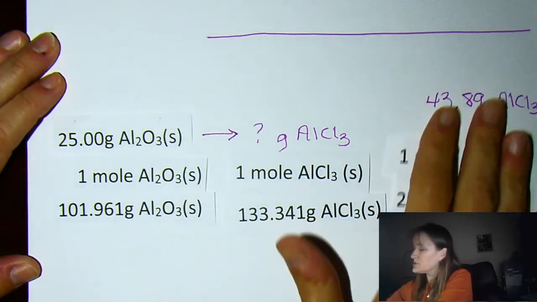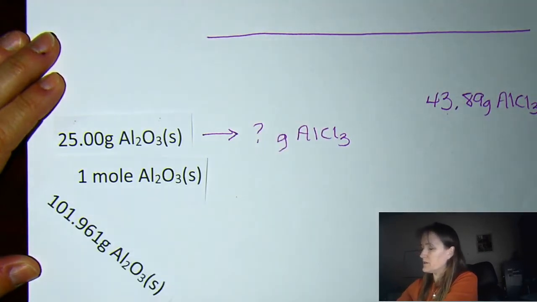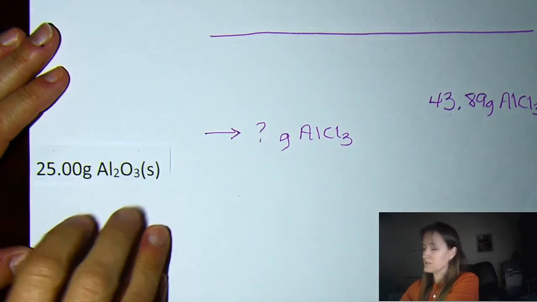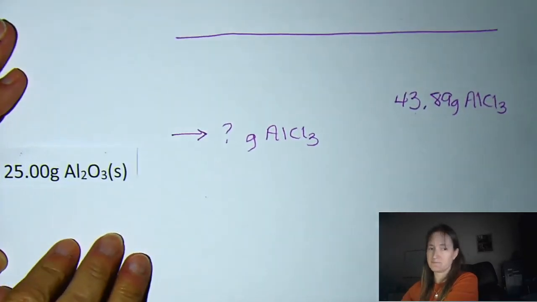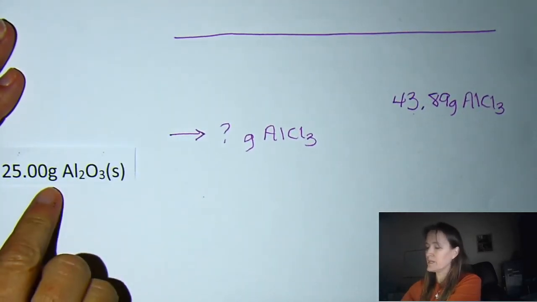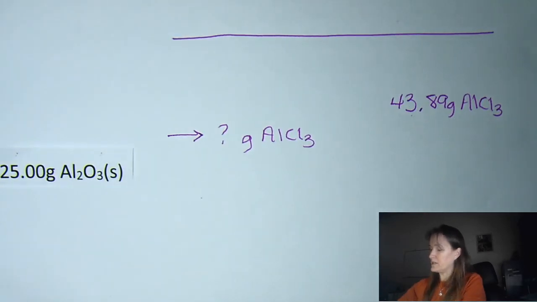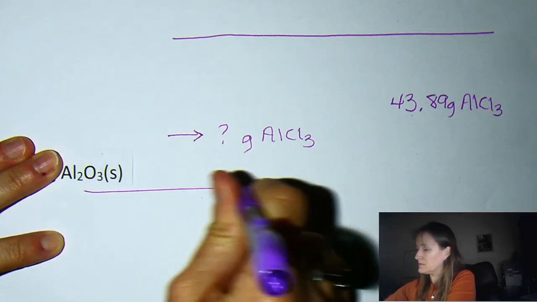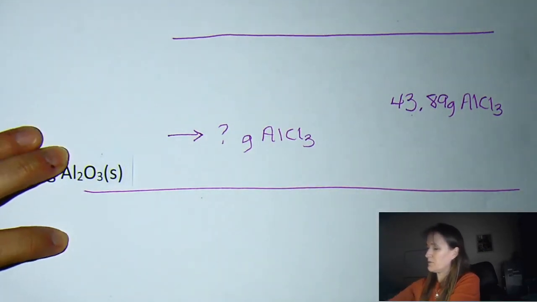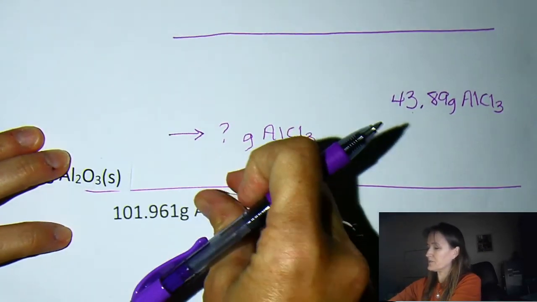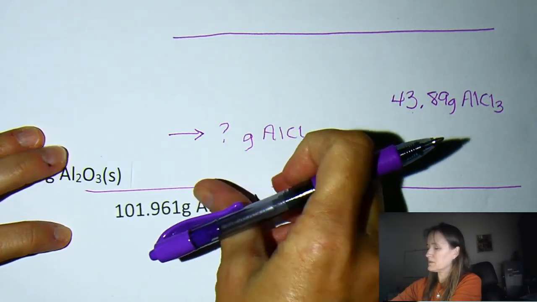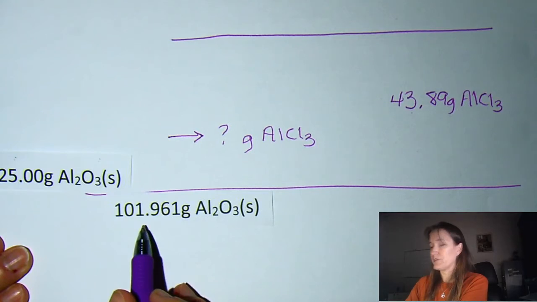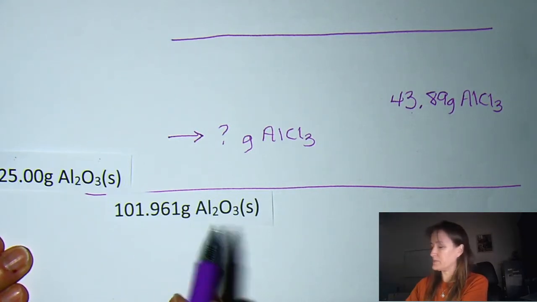So I'm going to start with our measurement, and our measurement is the 25 grams of aluminum oxide. And so we're going to need to cancel grams of aluminum oxide. So we are going to use the molar mass of aluminum oxide. On the bottom of the first conversion factor, we are going to put the molar mass of the aluminum oxide, 101.961 grams.